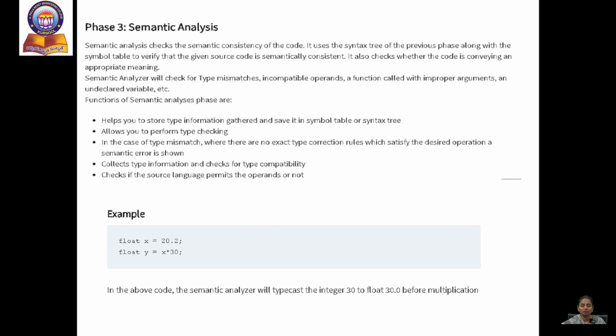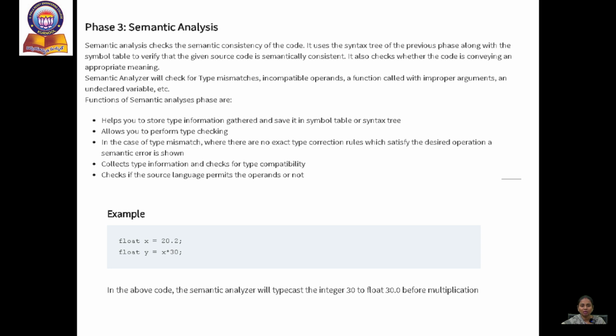Or if it is compatible, and a data type can be changed into another data type, then automatically at compilation time the semantic analyzer will convert the type of the variable from one data type to another. If it is beyond the rules or incompatible, then it will be reported as an error to the user.